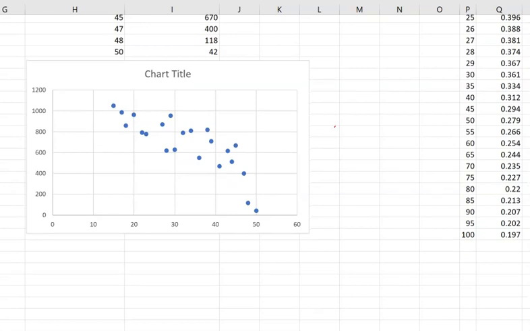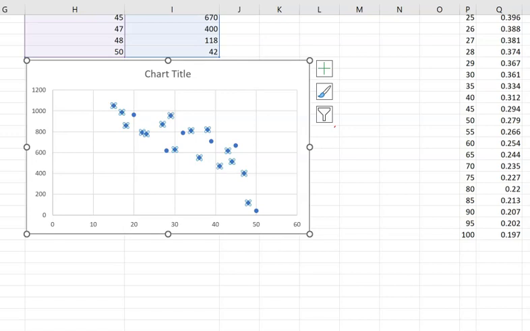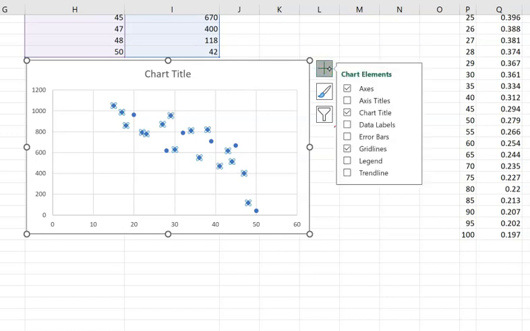So again, same idea. I'm going to click anywhere on the scatter plot and click the plus. And we're first going to check trend line. That gets this line right there onto our scatter plot. Double click the line. On the right hand side, you'll see the format trend line, and at the very bottom, click display equation on chart again.